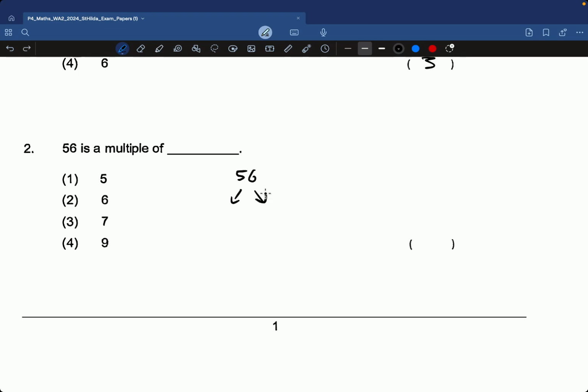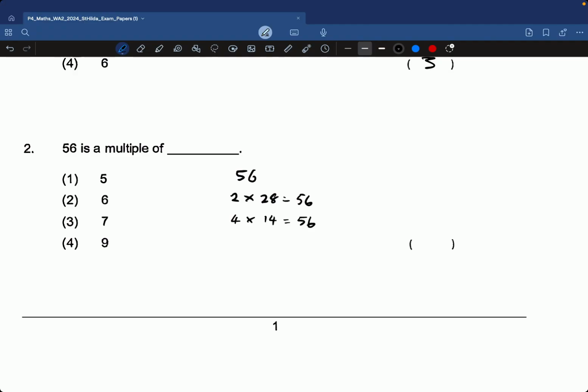In a way, can we divide 56 by 2? Yes, we can. So I will just calculate for you. 2 times 28 is 56. And then can you have 3? You can't. So what about 4? 4 you can. So 4 times 14 is equal to 56.